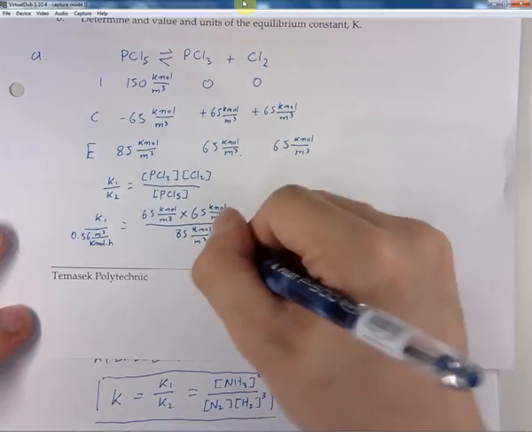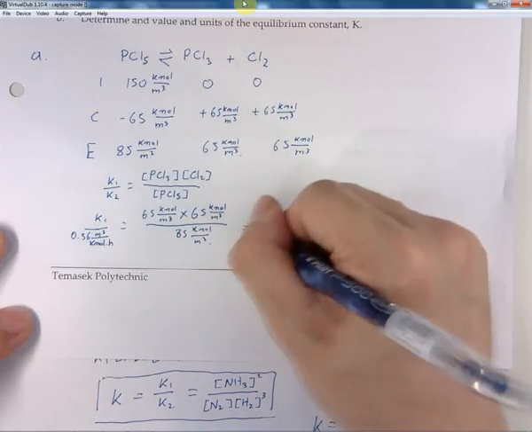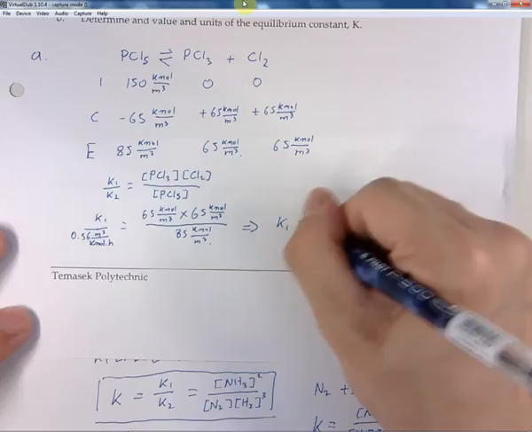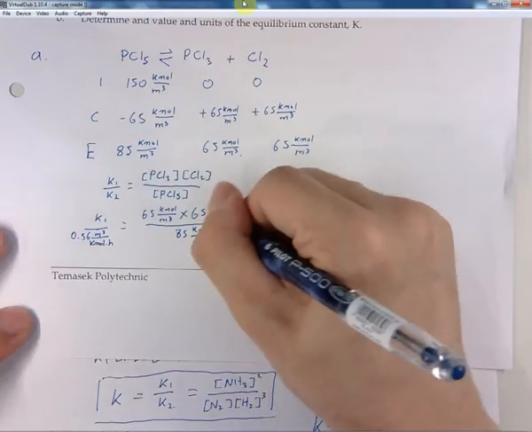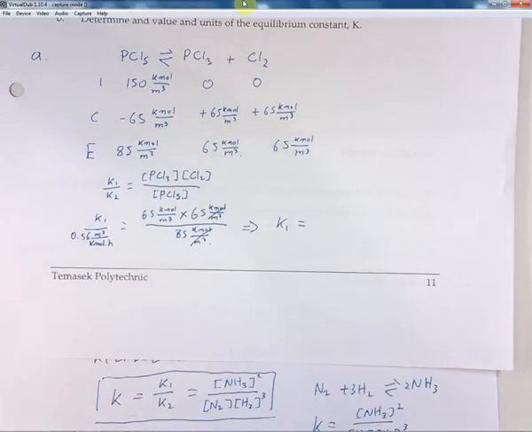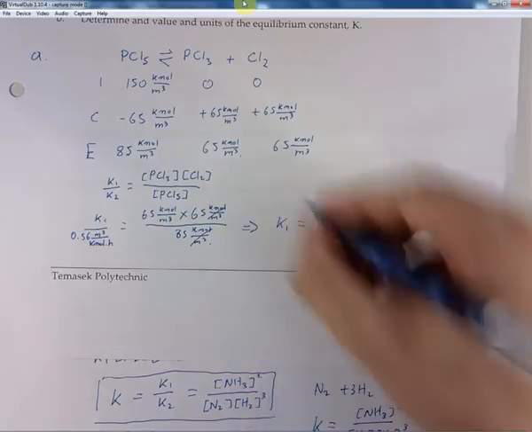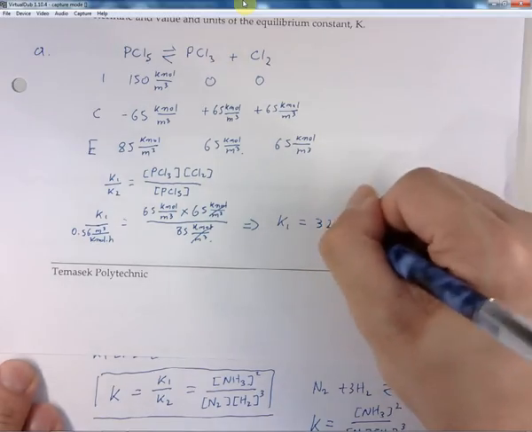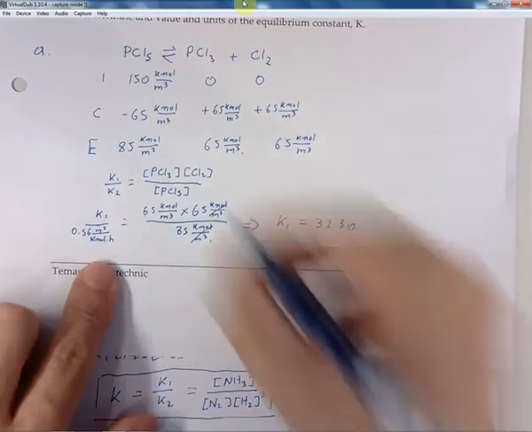So with this, we can solve for K1, and we must take note of the unit over here. So we solve for K1 to be 32.30. And now what's the unit?